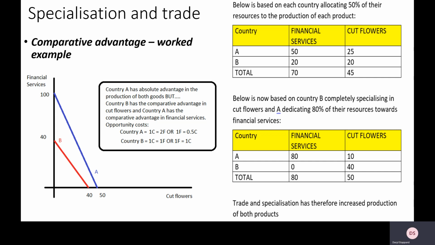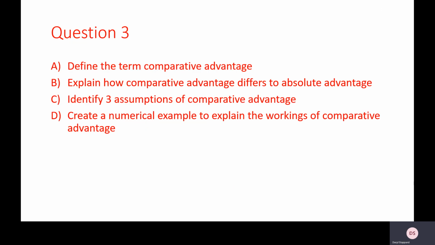Country A will sacrifice 2 finance when they produce a cut flower. Country B will only sacrifice 1 financial service. So by specialising based on the theory of comparative advantage, living standards in both economies should improve.